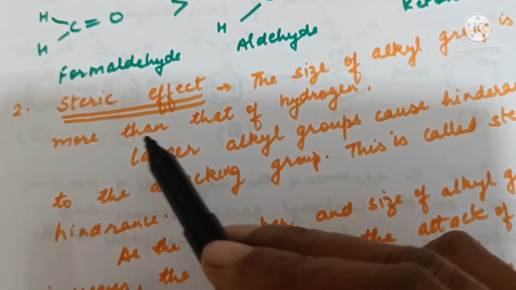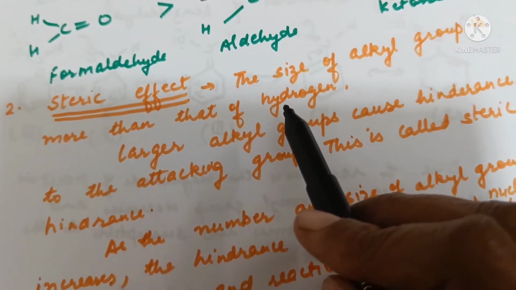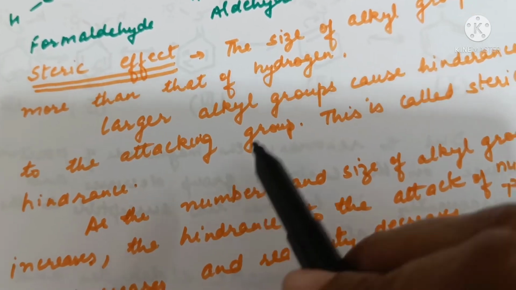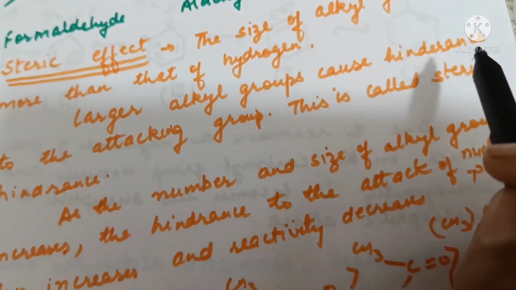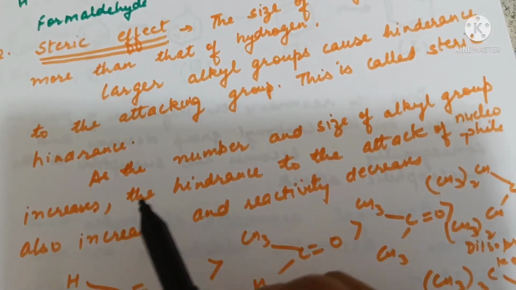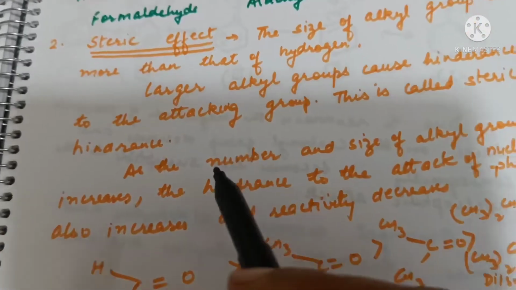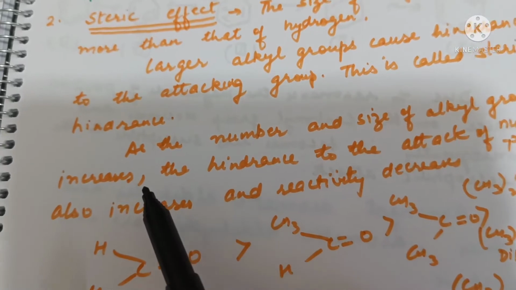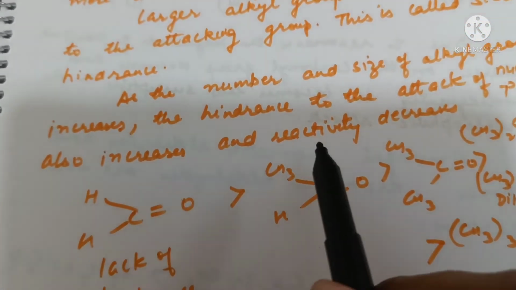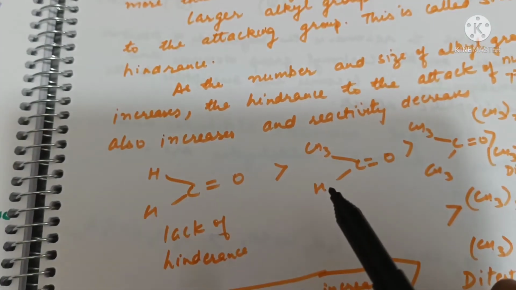The size of an alkyl group is more than that of hydrogen, so it causes hindrance to the approach of the nucleophile. So a larger alkyl group causes hindrance to the attacking group. This is called steric hindrance. As the number and size of alkyl groups increases, the hindrance to the attack of the nucleophile also increases and reactivity decreases.